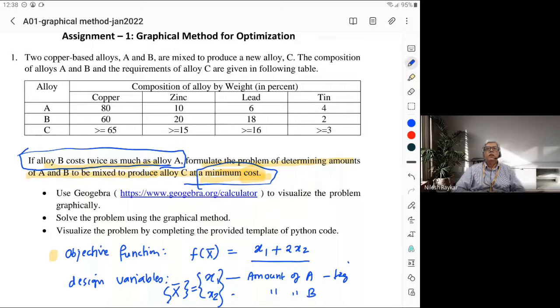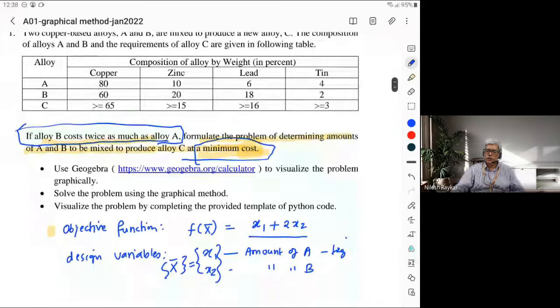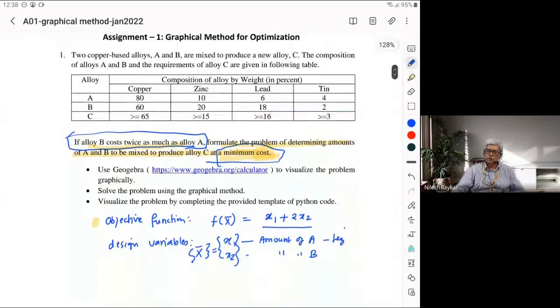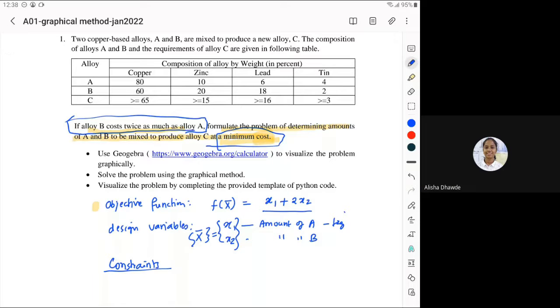Now what needs to be done is to write the constraints in terms of the data which is available to you. It says that alloy B costs twice as much as alloy A. That means the equation is x2 is equal to 2 times x1, right?